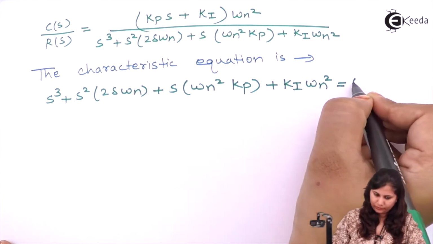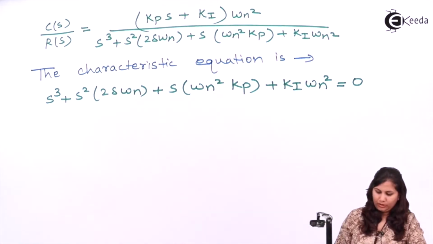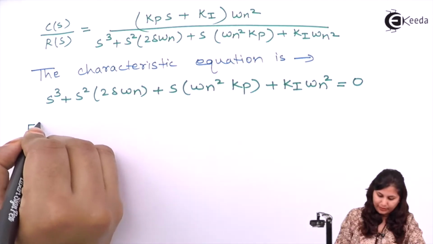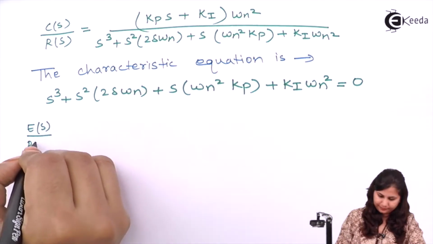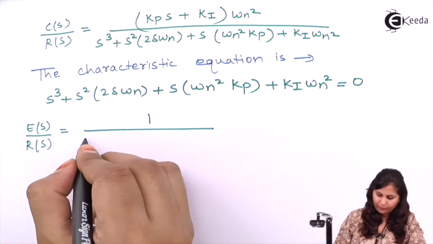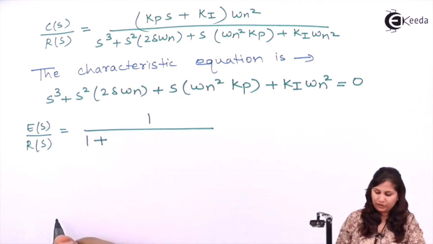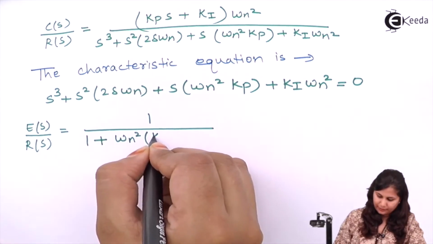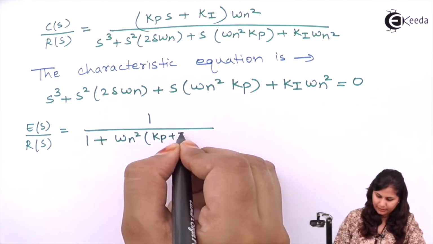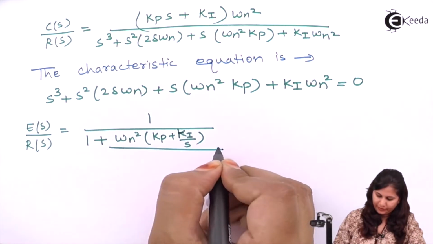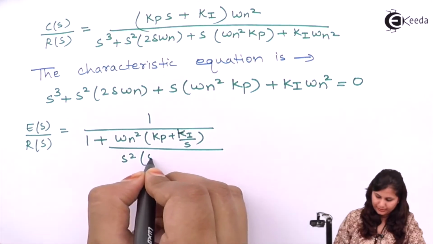So this is the denominator polynomial, and equated to 0. Now the error signal is given by E(s)/R(s) = 1 upon 1 plus G(s)H(s). G(s) is omega n square (Kp plus Ki by s) divided by s square (s plus 2 del omega n).